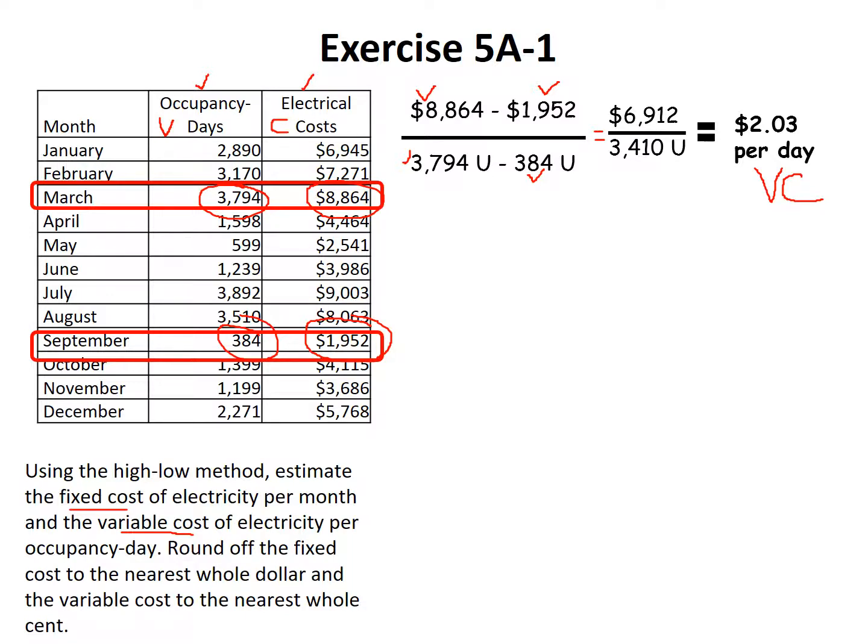The way I do that is I kind of back into it. I just pick either the highest month or the lowest month, or actually any month in this chart will do, but I'm going to pick the highest month.